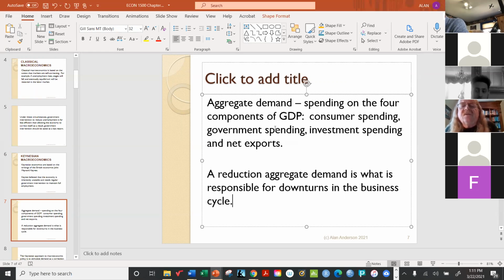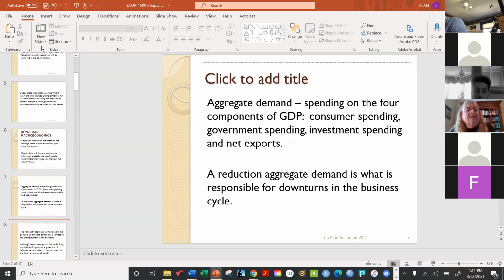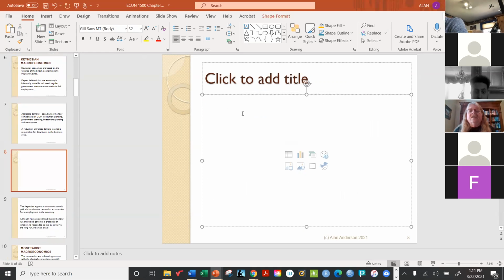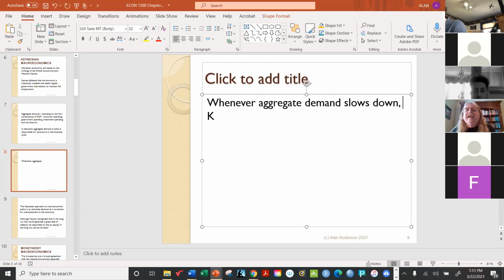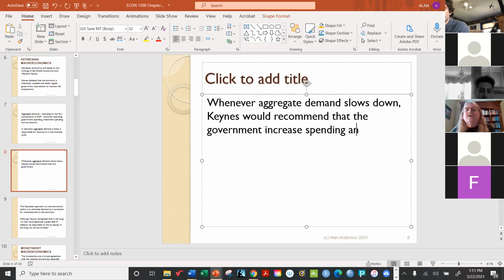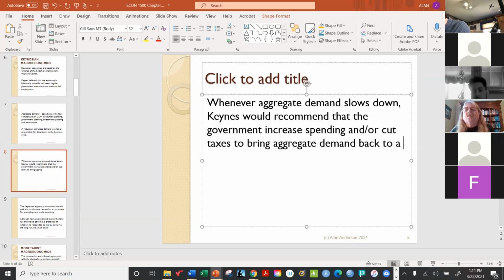So his policy prescription was for government to pick up the slack. In other words, he thought that whenever aggregate demand slowed down, Keynes would recommend that the government increase spending and or cut taxes to bring aggregate demand back to a more normal level.